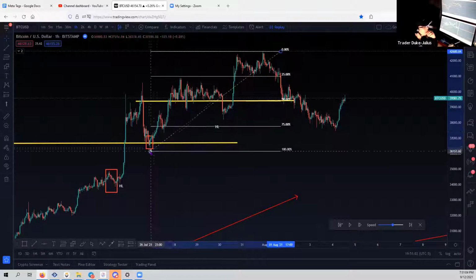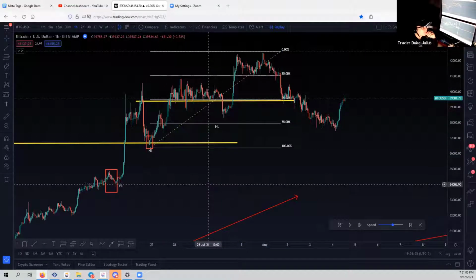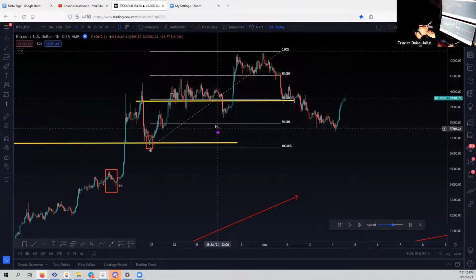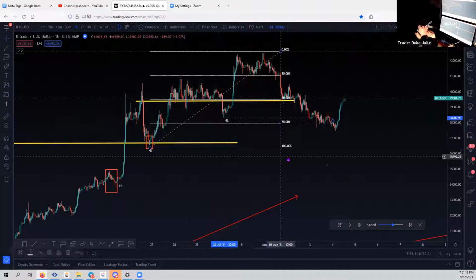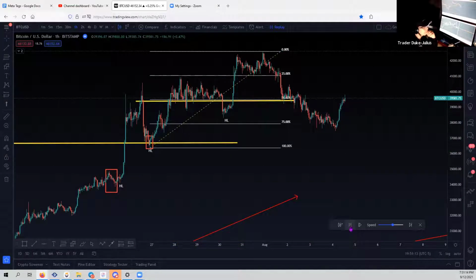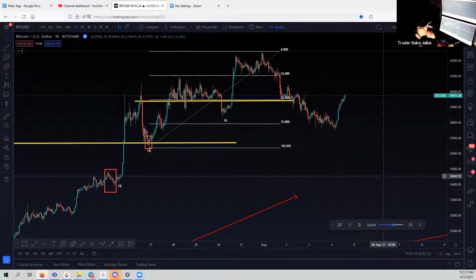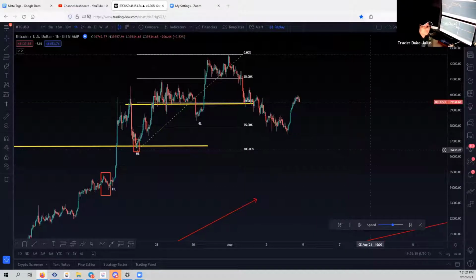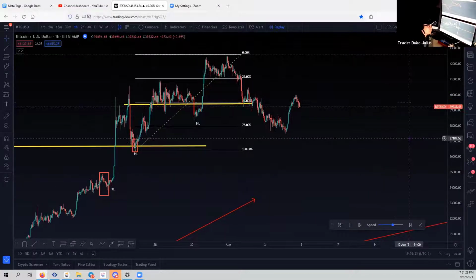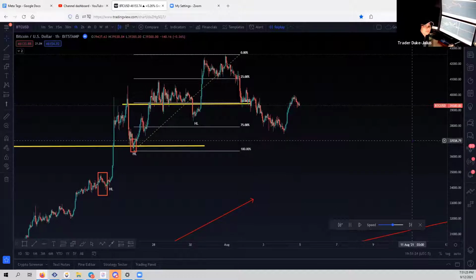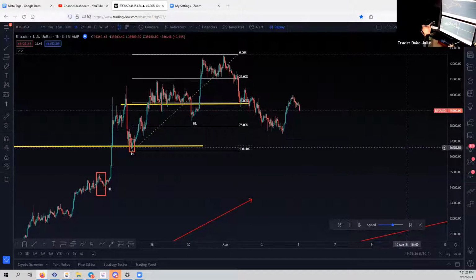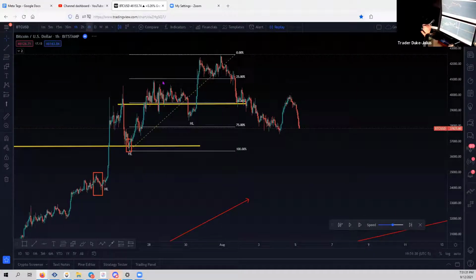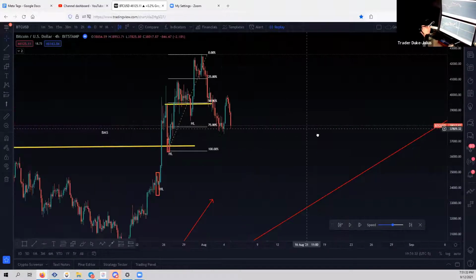We would move the fib setting to this, to the major swing structure. Let me drop it to the 4 hours so it moves a little quicker.